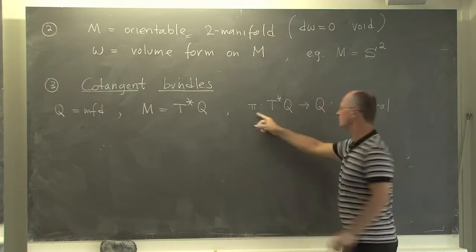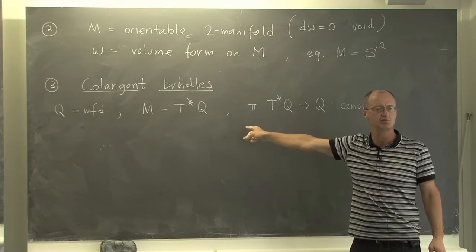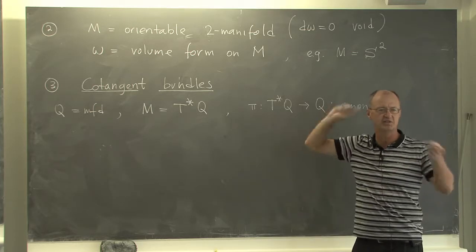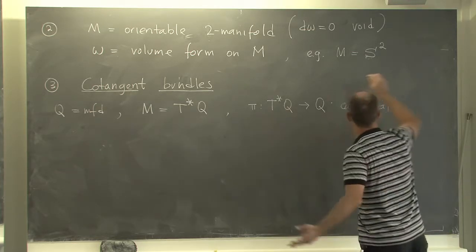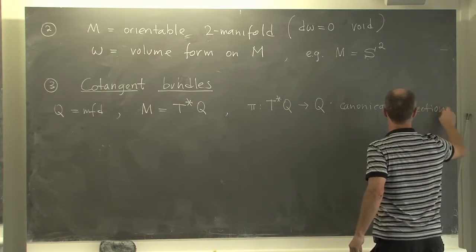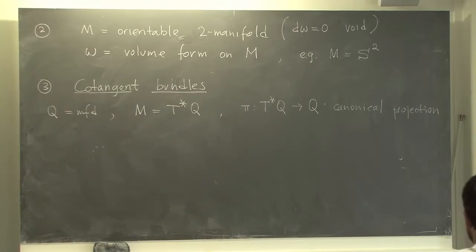And well, I don't know, does it disturb you that this is the same letter as we use for bivectors? Or in principle, we can replace it by p, but then I will be mixing it up all the time. So whatever. Let's say pi is a canonical projection from T star Q to Q.